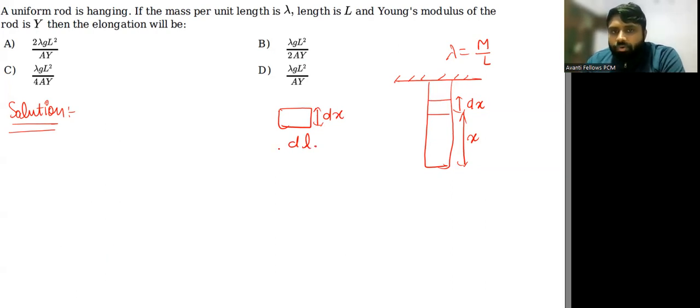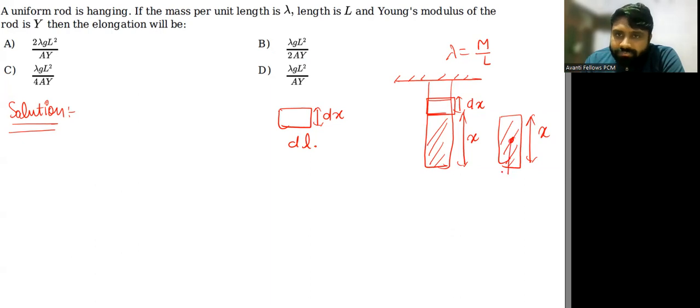This is the small elongation that we have. Now, this dx section will be pulled by the section below it, which has a length of x. Now, what is the mass of this? Because the weight of this section will pull the dx section. So it will become m dash.